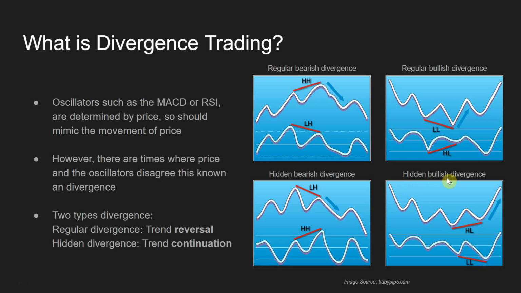Then you've got hidden bullish divergence, where price makes a higher low and the oscillator makes a lower low, giving us a strong indication that price wants to continue to make higher highs and start an uptrend. So that's just an overview of divergence.